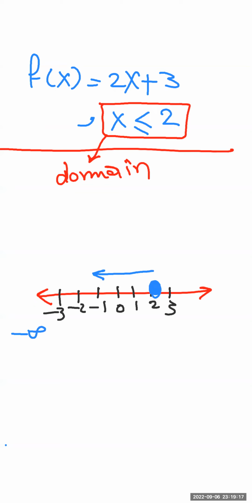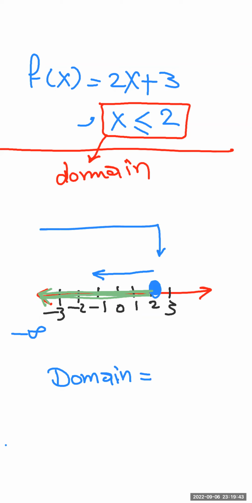So this means the domain includes number 2 towards negative infinity, like this. So simply here, according to the given condition, the domain equals all possible values of x. So it starts from here till negative infinity.